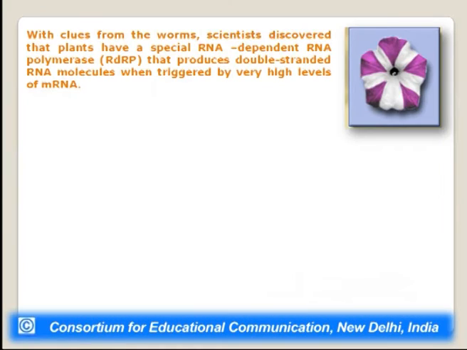Now, the researchers explained the petunia result based upon the observations in the worm. With clues from the worms, the scientists discovered that plants have a special RNA-dependent RNA polymerase, called RDRP, that produces double-stranded RNA molecules when triggered by very high levels of mRNA. So, this made sense.